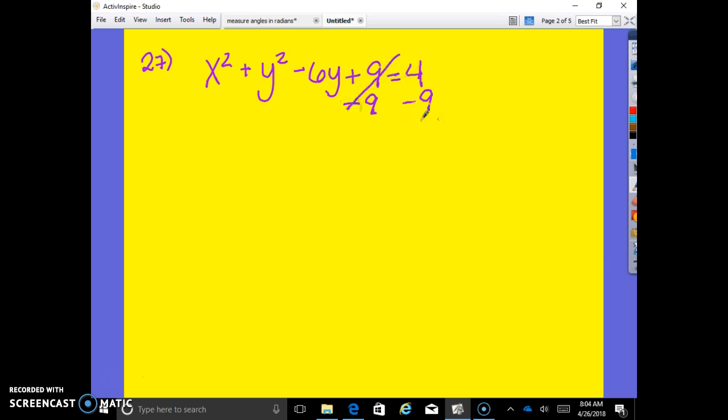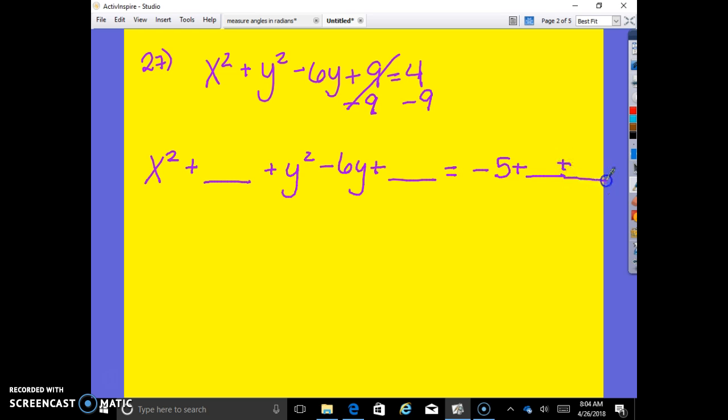We rewrite the equation with our x's together and our y's together: x squared plus blank, plus y squared minus 6y plus blank, equals negative, what is 4 minus 9? Negative 5, plus blank plus blank.